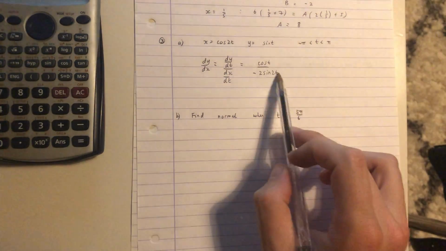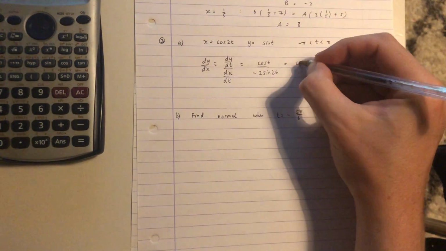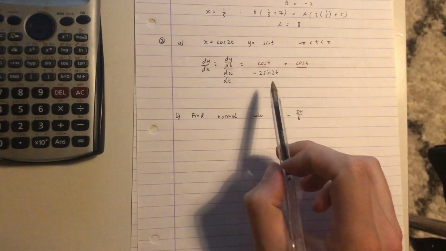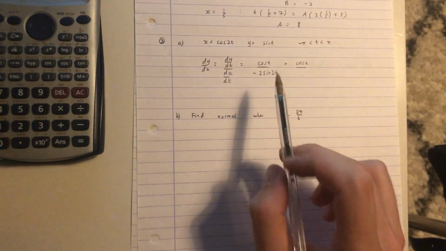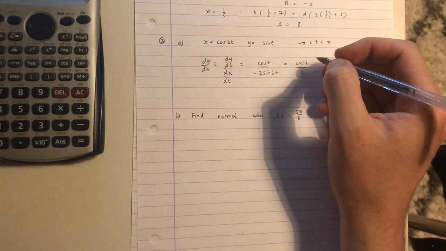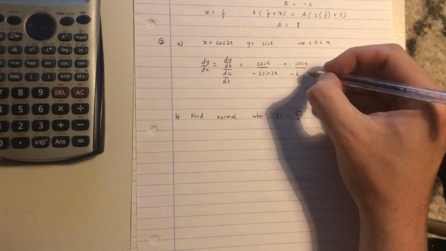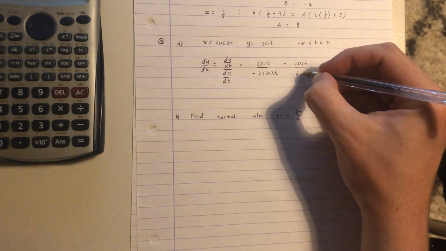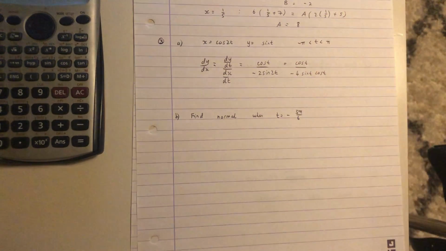You've got a multiple on the bottom, which is not ideal. So that should be the first thing you should try and get rid of. You should know just one identity for sine 2t, and that would be 2 sine t cos t. So that denominator simplifies to minus 4 sine t cos t.